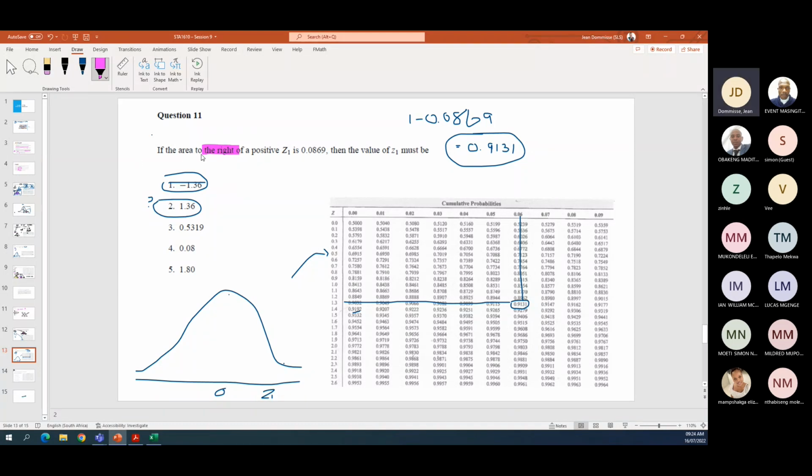Given an area to the right of, I now want to see if I can change this to something else. So let's make that the left.